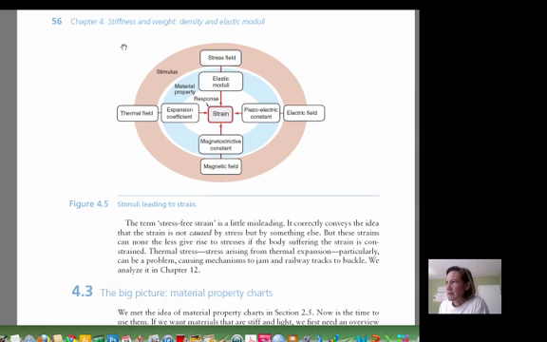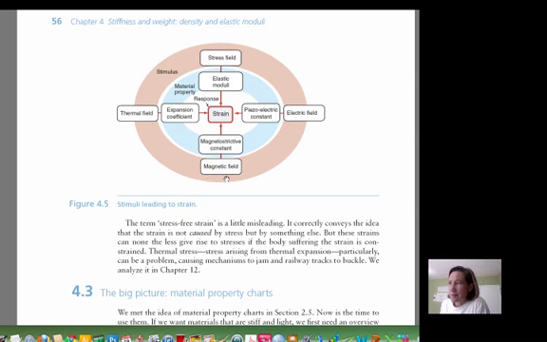Okay, on page 56 in diagram 4.5, you'll see this great drawing shows at the very center, when you talk about strain, strain is really a response to some stimuli, and on this outer ring it shows you that the stimuli can be of different nature. They can be from a thermal field, which through the expansion coefficient, which is a material property, causes strain.